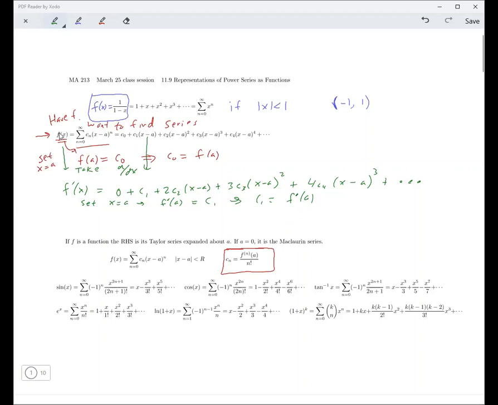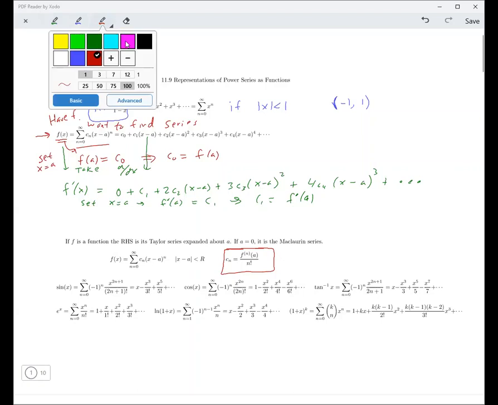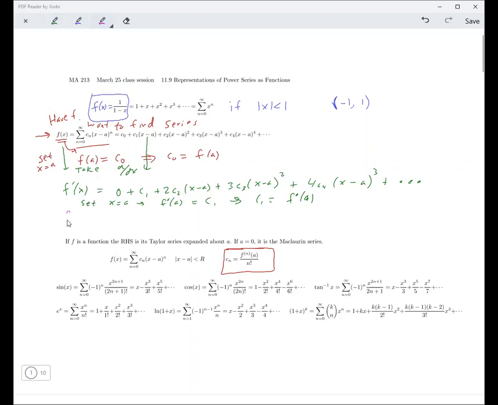Remember you have f, so you can take its derivative, and that's going to be the C1 term. Then you take a derivative again, the second derivative, so it's the derivative of the first derivative. That's gone, that's gone. You get 2 C2 plus, and then a 2 comes down, so that's 3 times 2, which reduces to just an x minus a.